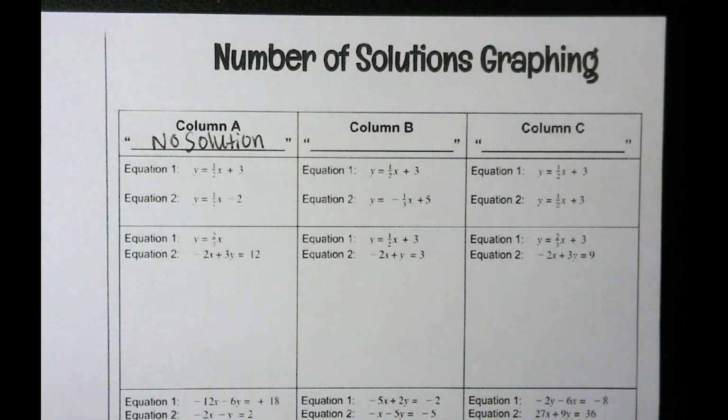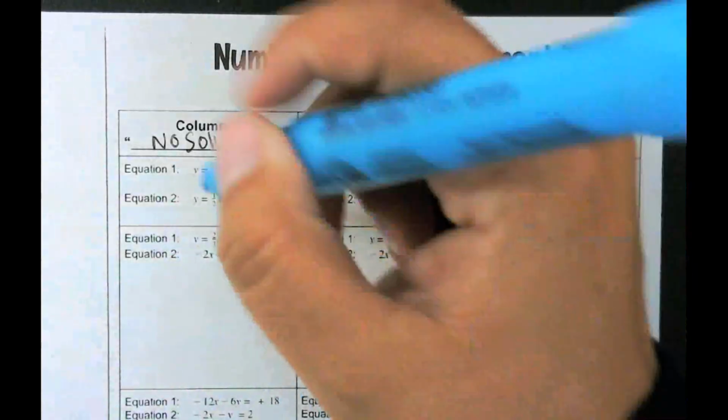This is how you're going to determine if two linear equations on a graph have no solution. It's very similar to when we were doing it with linear equations, because these are linear equations. So the first thing you're going to look at is the m's.